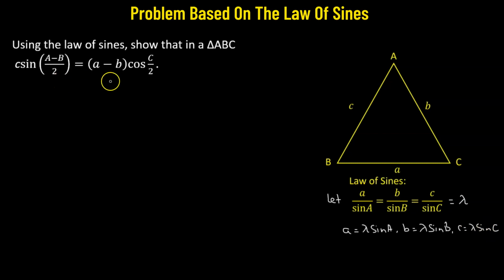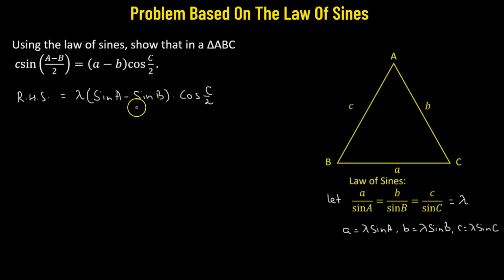So we'll start from the right hand side. On the right hand side we are given (a minus b) times cosine of C/2. So we can replace the values of a and b with lambda times sine A and lambda times sine B respectively. We'll take lambda as the common factor. So we have lambda multiplied by (sine A minus sine B) multiplied by cosine of C/2.